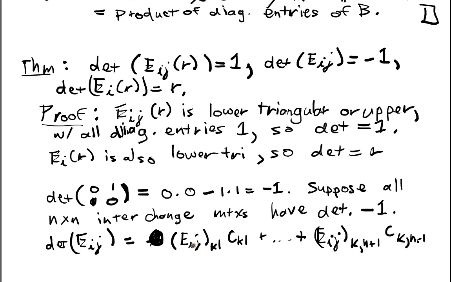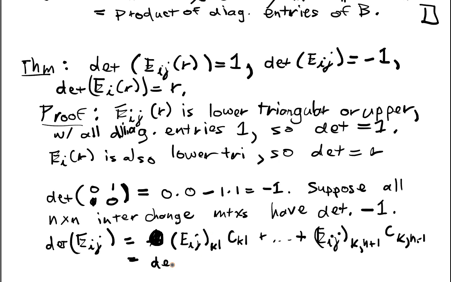But because this is a permutation matrix and I'm expanding along a row that's not i or j, the only thing that's going to be a 1, with everything else 0, is the kth entry. And in the long run, since I'm adding k to k and I have -1 to the 2k, that will be 1.